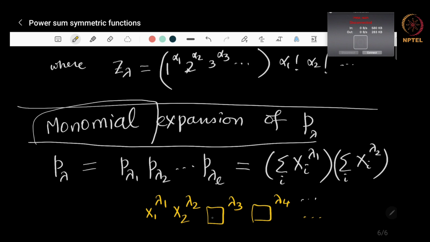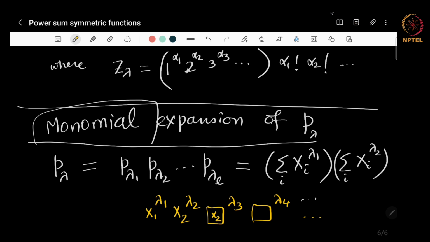Now, from, say, the third term, I don't need to have chosen a different variable. I can choose the same variable again, x2 power lambda 3. Or from the fourth term, I can choose x1 power lambda 4 again, and so on.